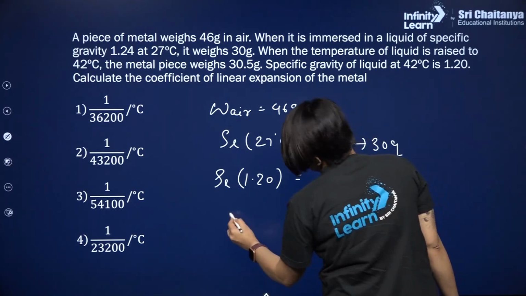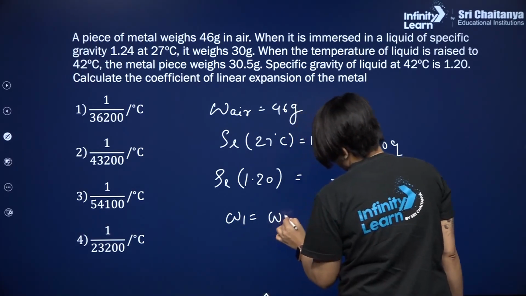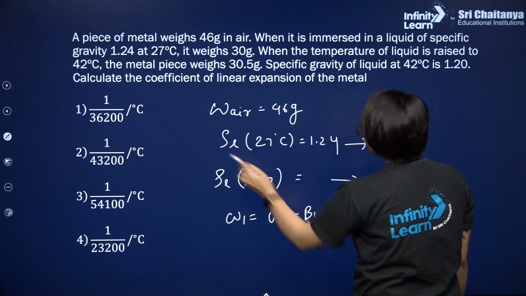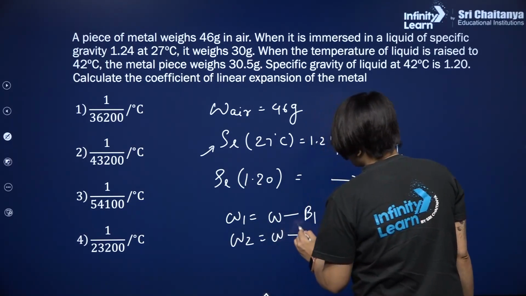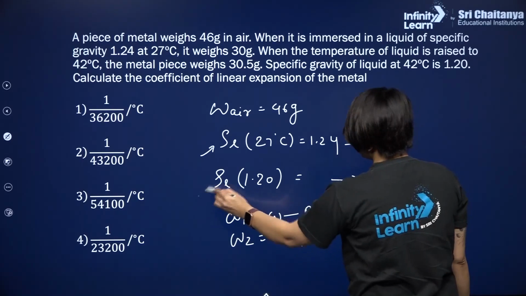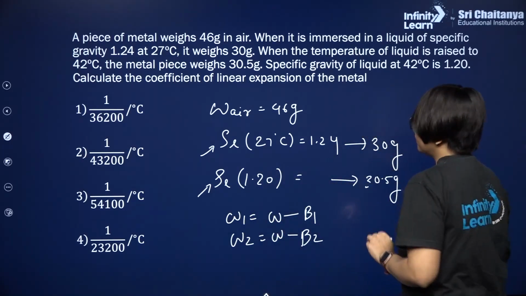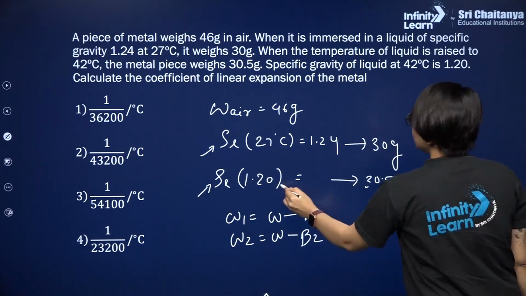So over here, W1 will be what? Actual weight minus buoyant force when the liquid is at 27 degrees Celsius, and W2 will be W minus buoyant force B2 when the liquid is at 42 degrees Celsius.